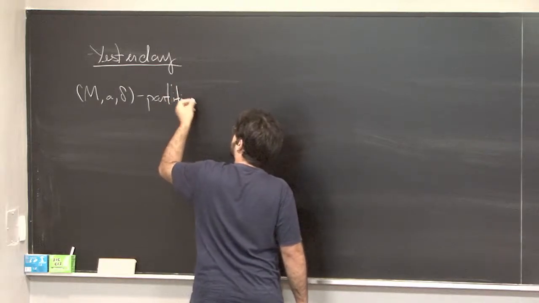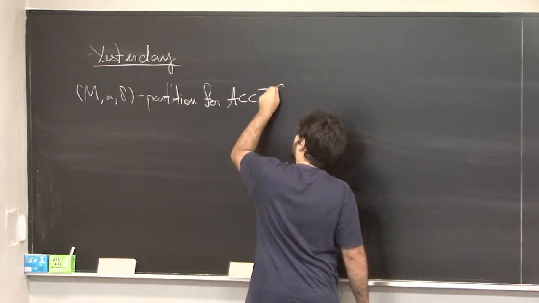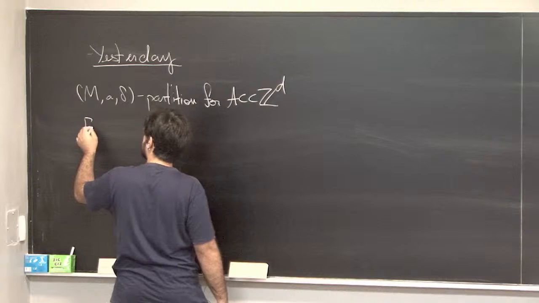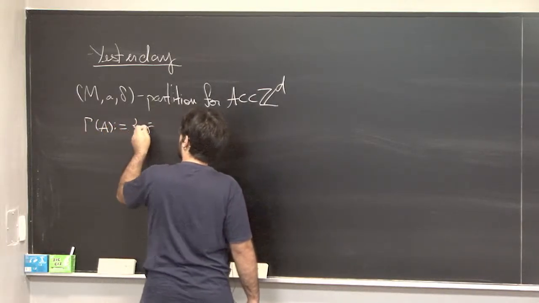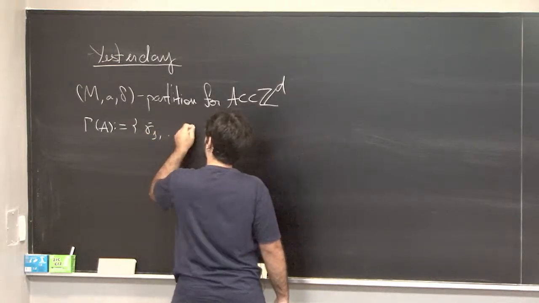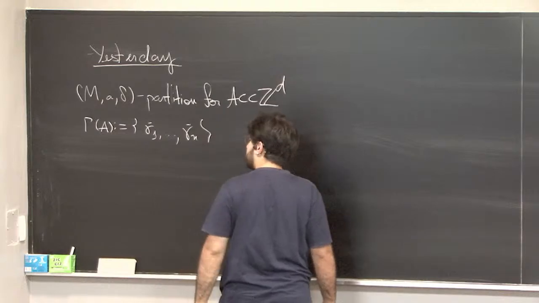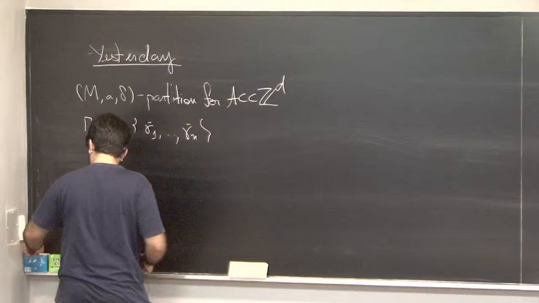The MA delta partition for a finite set A from Z^d is defined as a collection of subsets, finite subsets of Z^d, that satisfies two conditions.